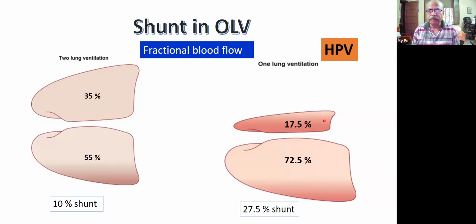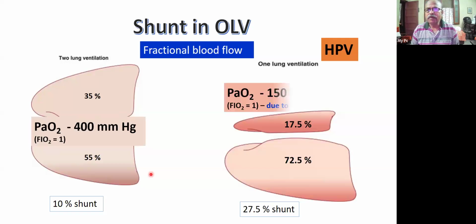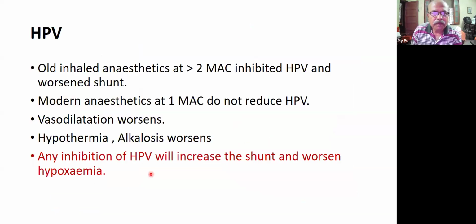That has to be there. So if you are now ventilating with FiO2 of 1, that's 100% oxygen, in both lung ventilation you will have a PaO2 of 400, while here we will have, due to the shunt, only a PaO2 of 150 millimeters of mercury.